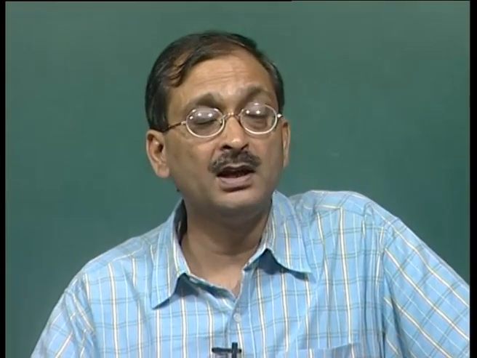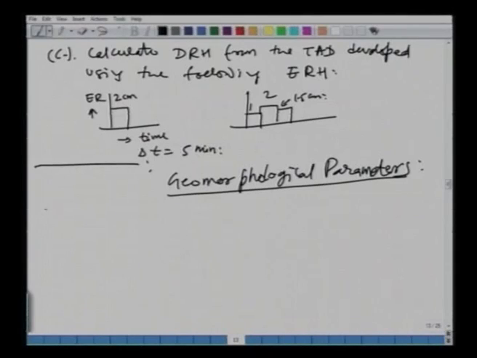All right, we can calculate certain parameters using those topographic maps and try to infer certain information about the runoff response of the catchment when it is subjected to rainfall. Okay. So, we look at few of these geomorphological parameters.